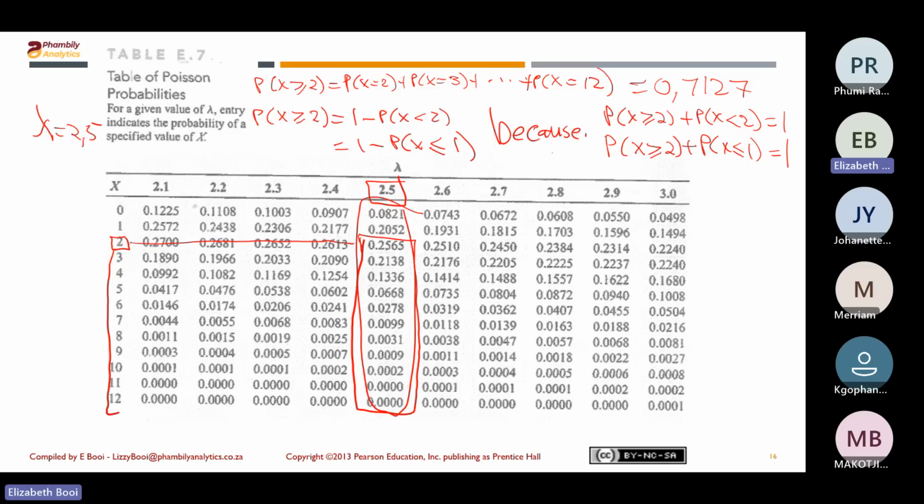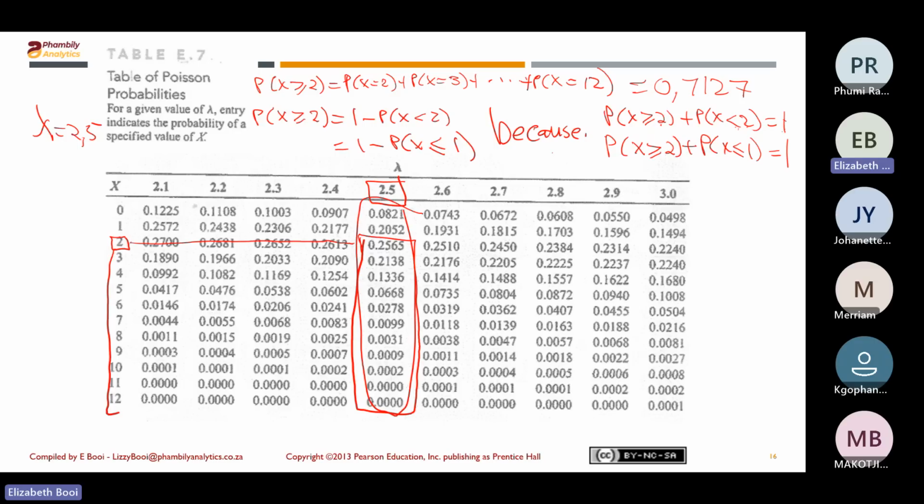And when you use the complement, always remember what you are trying to achieve with that. What is the sign? If I combine both of them, will they be greater than or equal? Because if I put less than or equal to 2 on this one, then it will not equal 1, because I'm repeating 2 twice. 2 will be in there and 2 will be in there. Hence, it is less than.